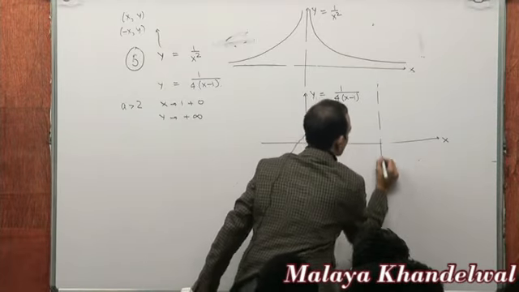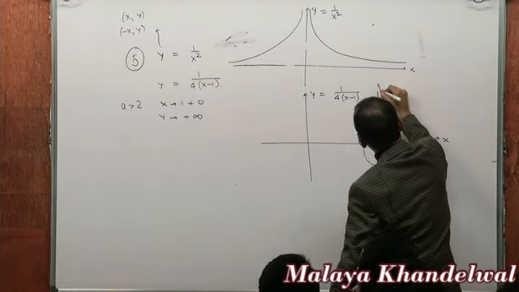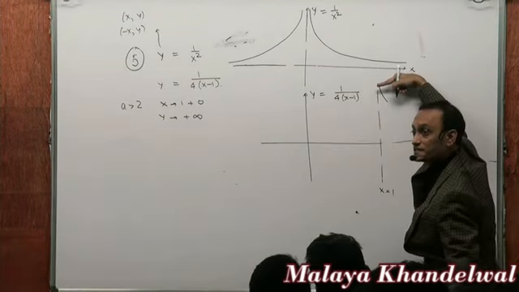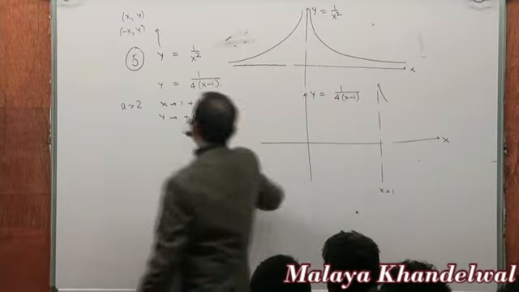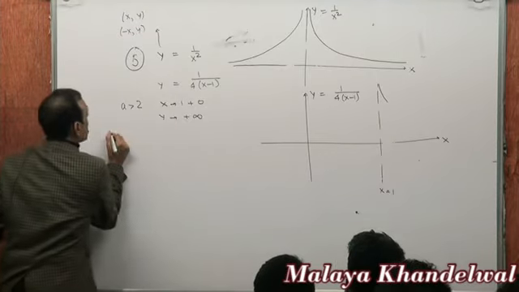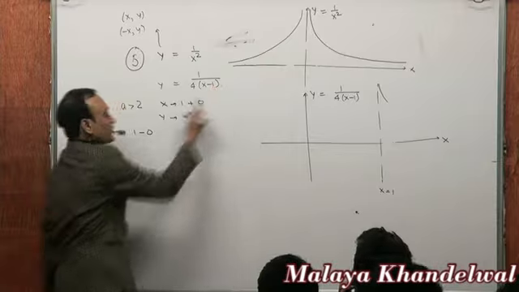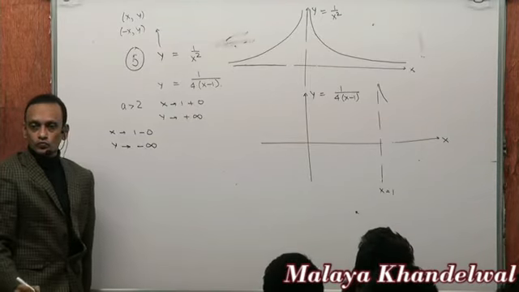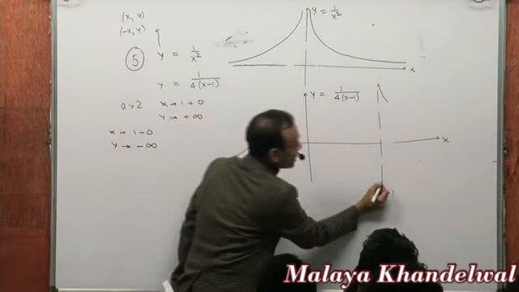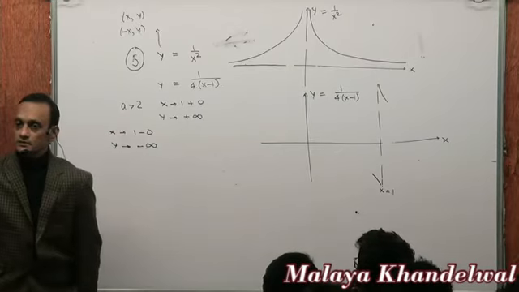As x tends to 1 from the greater than 1 side, y tends to plus infinity. That's evident, right? Also, as x tends to 1 from the less than 1 side, this is going to be a negative number. y will tend to minus infinity, yes or no?